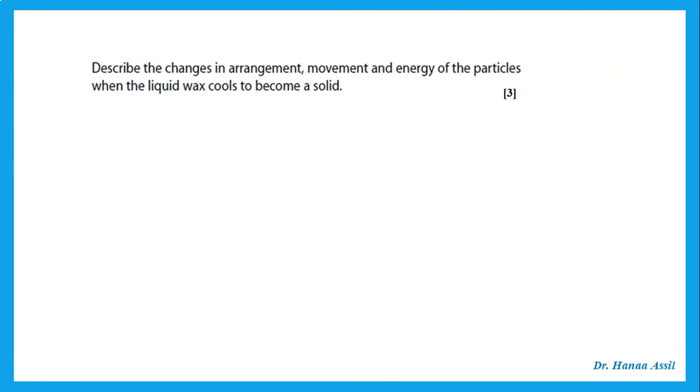Describe the changes in arrangement, movement, and energy of the particles when the liquid wax cools to become a solid. So, liquid anything cools to become a solid. What is the change in arrangement, movement, and energy of the particles?